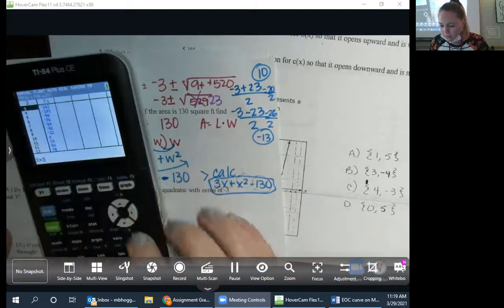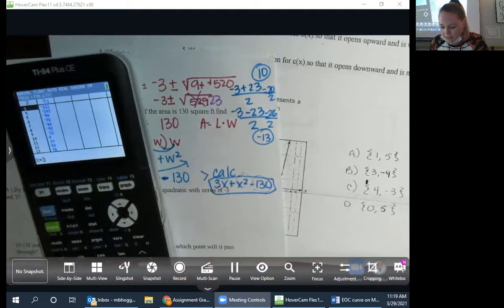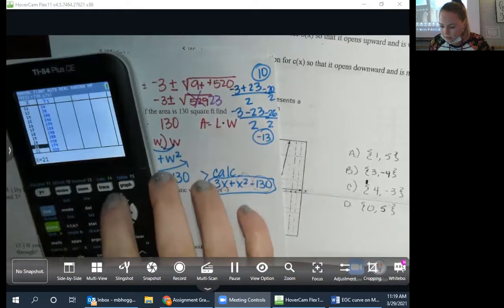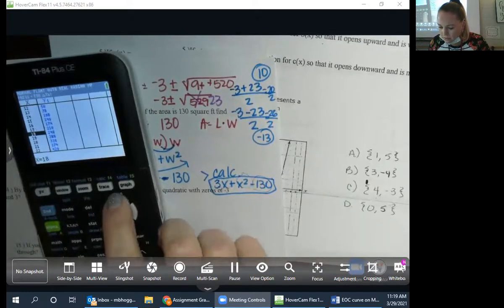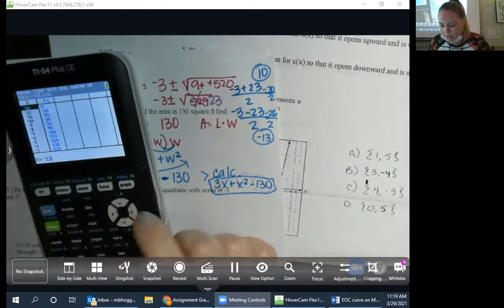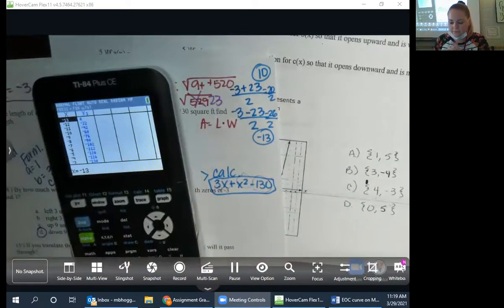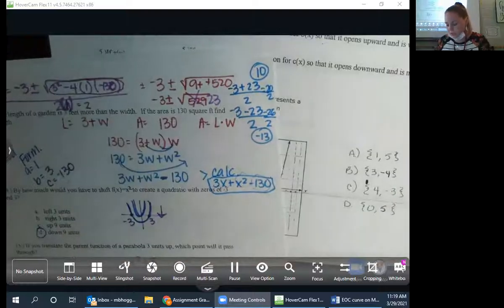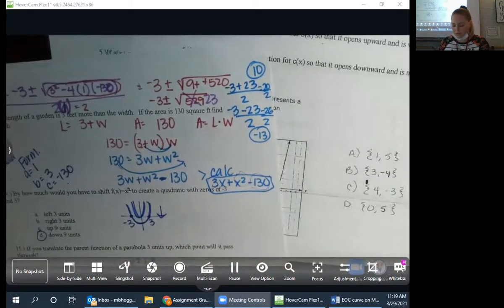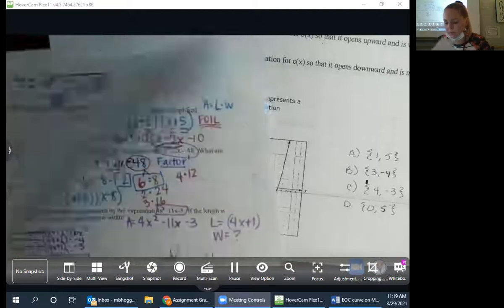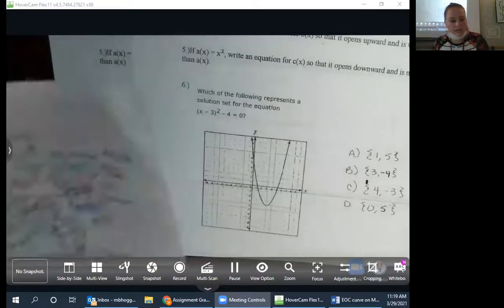And go to your table. Anywhere where you have a 0 is going to be an answer. So 10, and negative 13 are both zeros. Y equals 0. So that's another way you could do it. Or you can use the quadratic formula, or you can plug it into your calculator and see where y equals 0. Please don't forget to get this signed for 5 points.